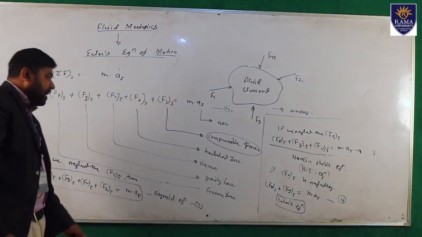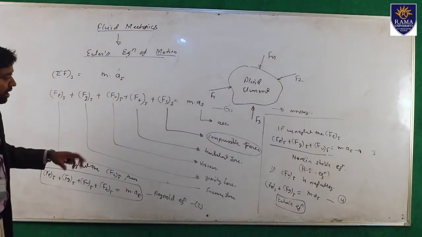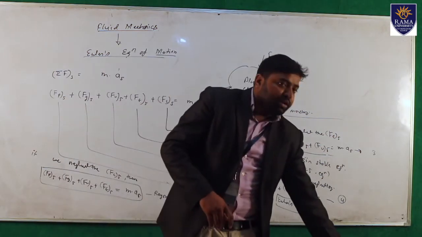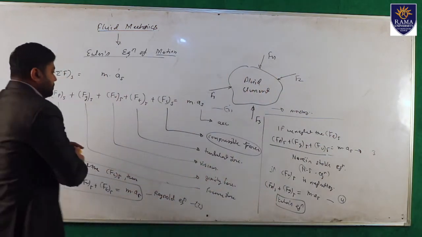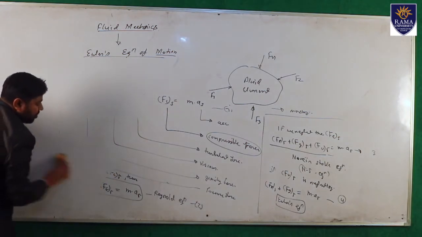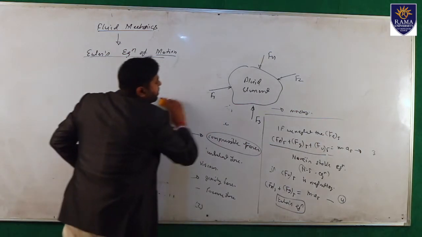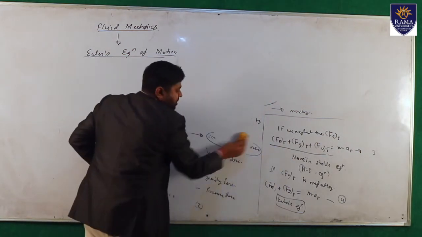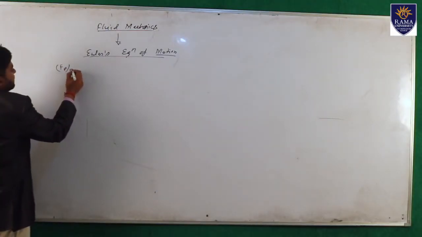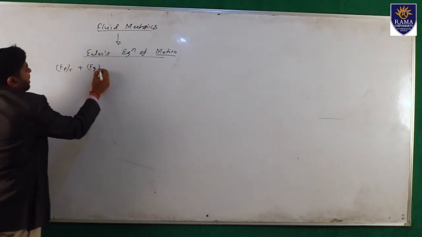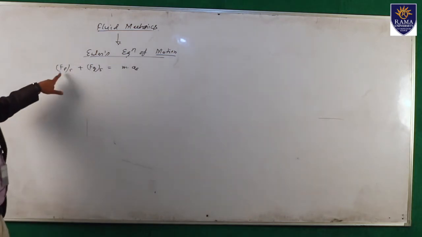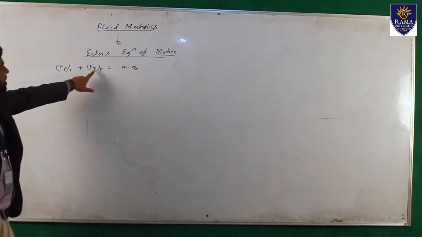Now we further derive in a different manner what the pressure, the velocity and the other components are. Starting from FPS plus FGS equals m into acceleration, we have to find the pressure force and the gravity force.